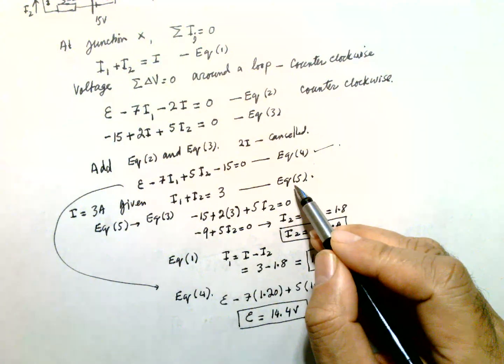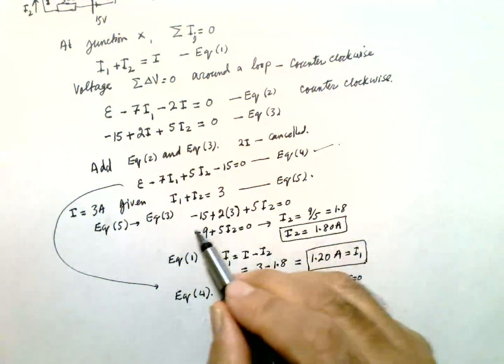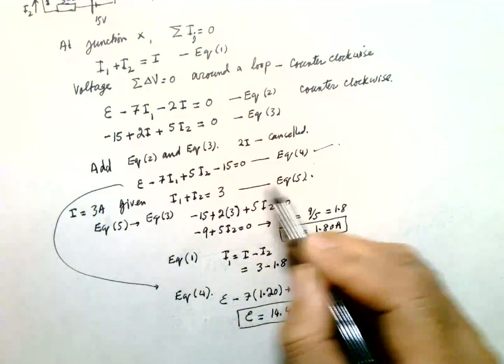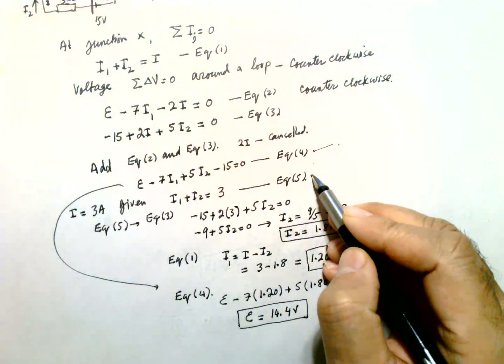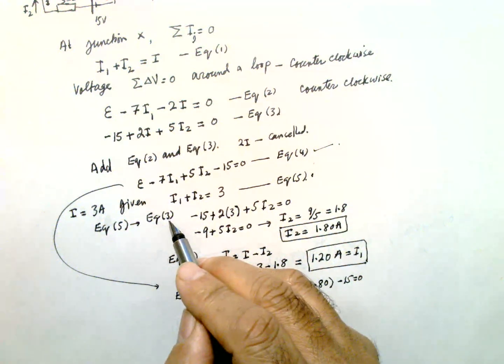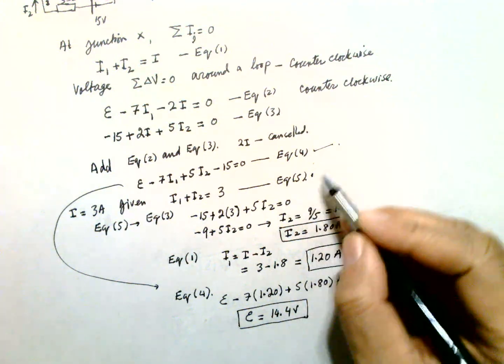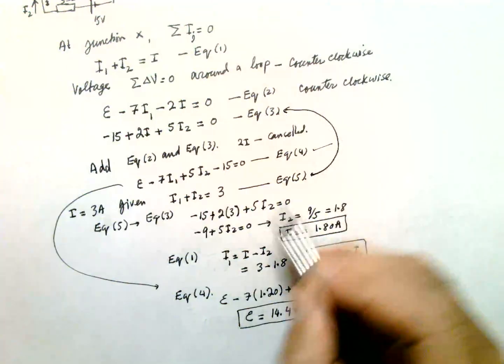Equation number 5 goes into equation number 3. I1 plus I2 is equal to I, which is 3.